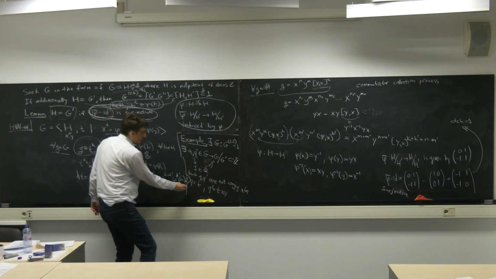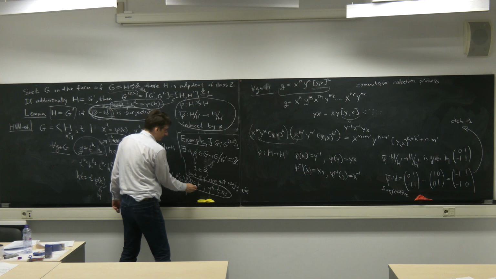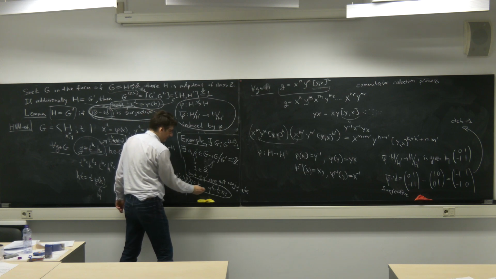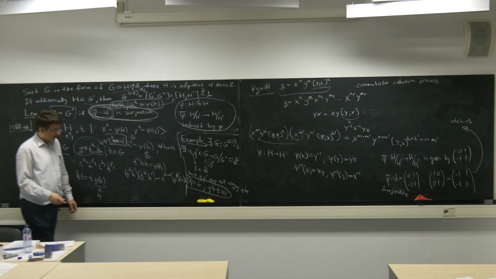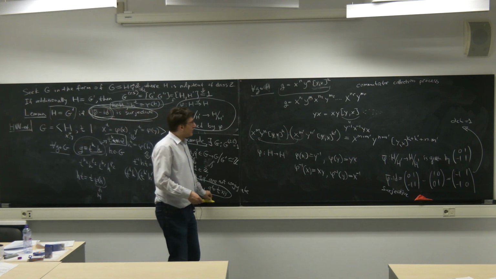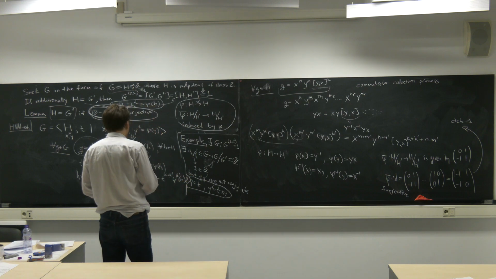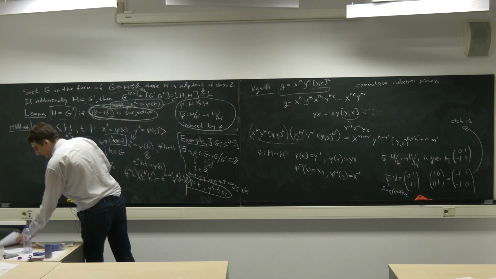So it remains just to do some computation showing that this guy is not conjugate to this guy. So is it okay if I just do the computation? Any questions? It's not very long, so maybe I can just do it and then there are no questions left.